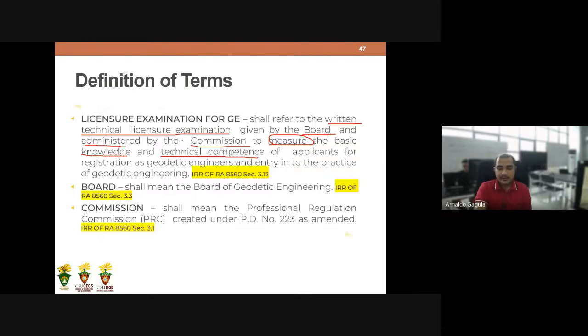So this is the one way of evaluation, no, kung pwede na ba mo practice as geodetic engineers.